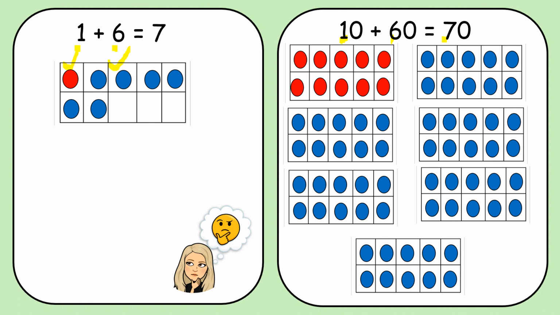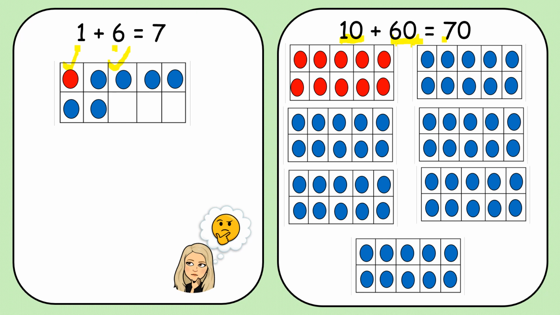I can see there's a 0 in the 1's house, a 0 in the 1's house, and a 0 in the 1's house. So instead of 1 red, this number is 10, and that's represented on the 10 frame. You can see that there are 10 here. And instead of 6 blue, there's a 0 in the 1's house, so it's 60.